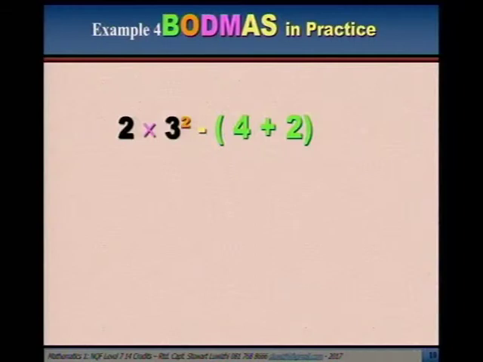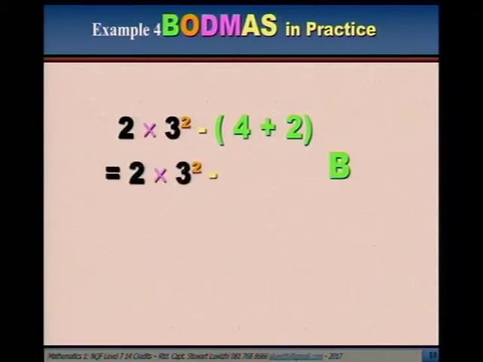Similarly, if we are given a number like 2 multiplied by 3 squared less opening bracket 4 plus 2, we say it's brackets order. Now we should deal with what is in the brackets. So the 2, the multiplication sign, and the 3 squared are not affected. So we must bring those ones down.